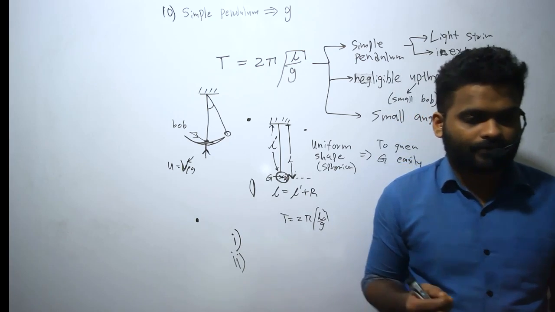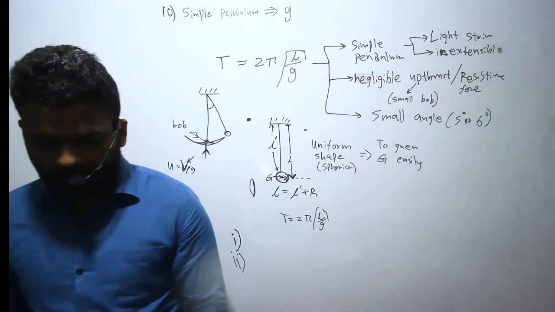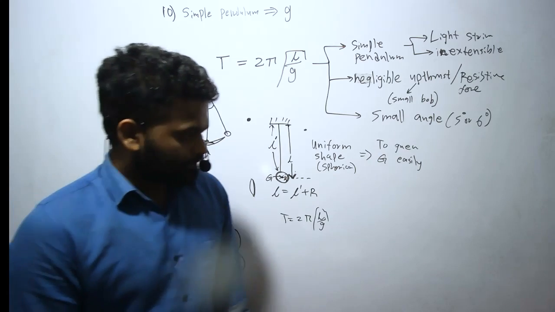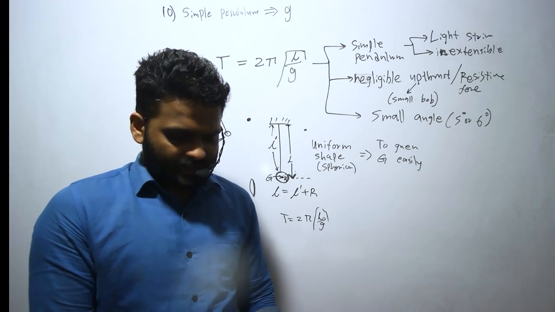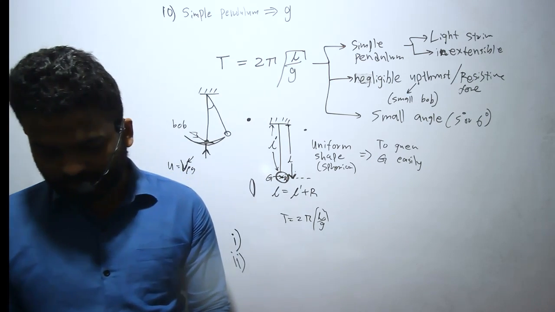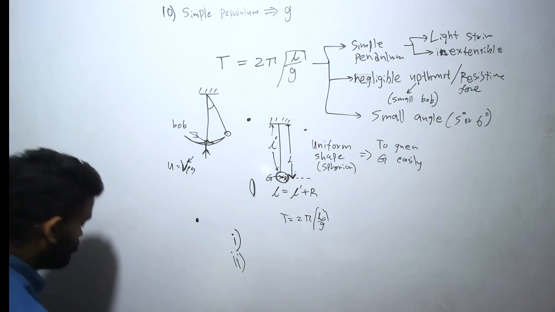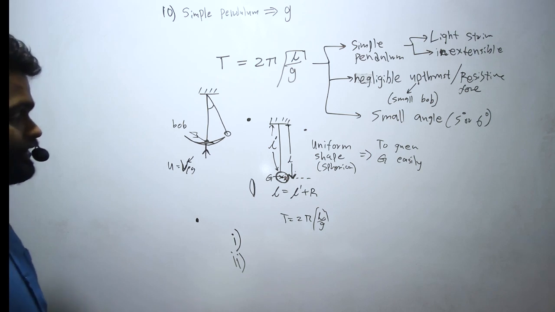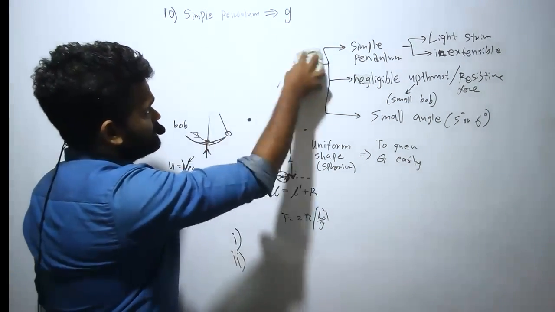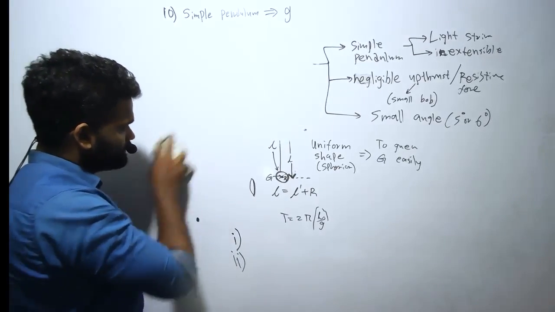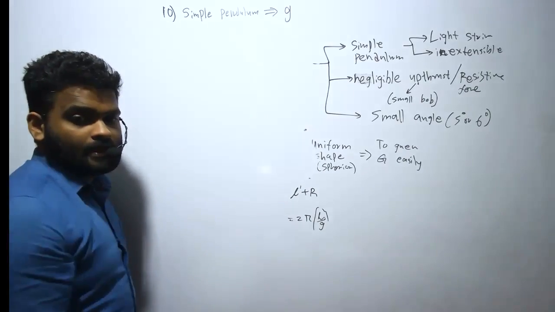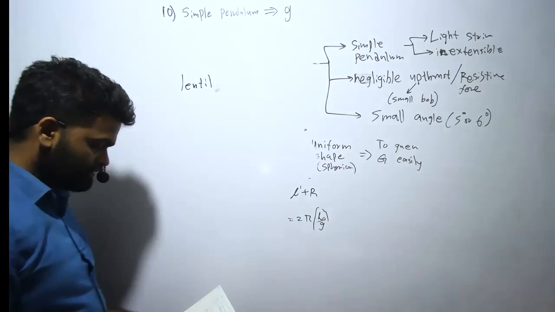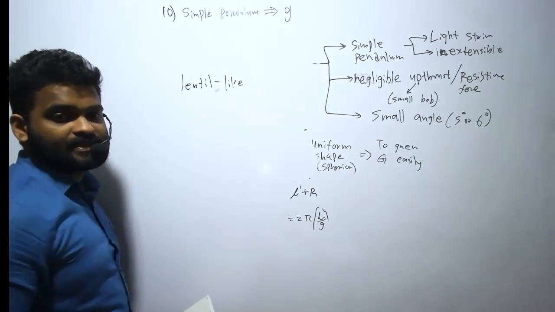To the same line. If necessary, resistance can be further decreased if the bob is given a lentil-like shape.